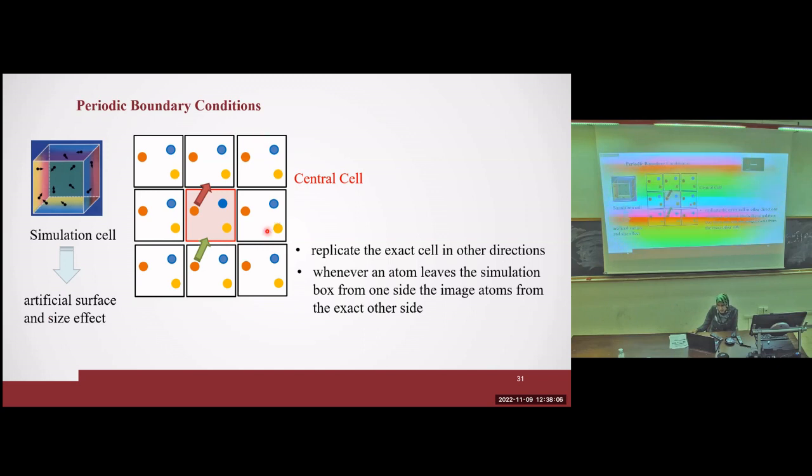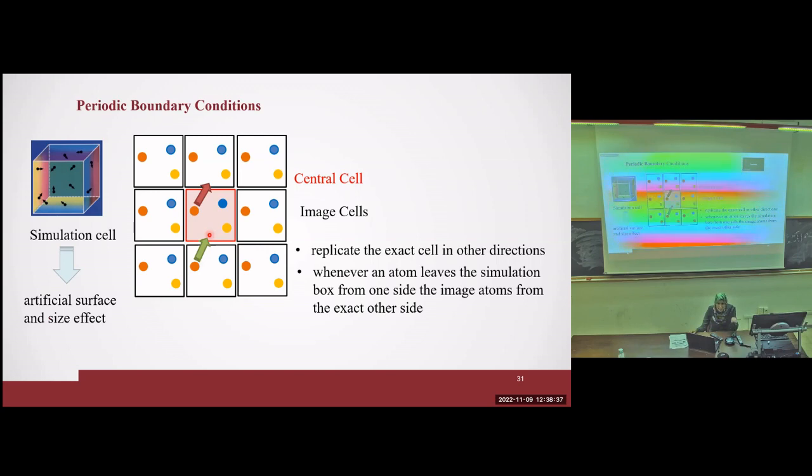The whole idea is actually quite simple. We have a central cell, which is the simulation cell, and we exactly replicate the cell in other directions, which are called image cells. The criterion is that whenever an atom moves and exits the simulation cell, the central cell, an exact atom with the same velocity enters from the opposite side.